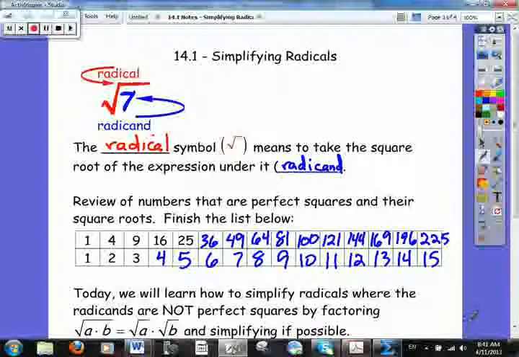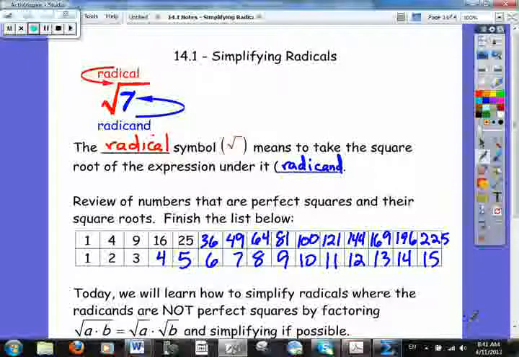So those are good numbers to have memorized. So the top row, those are called perfect squares, and the bottom row, those are called the square root. So 225 is a perfect square. The square root of 225 is 15.